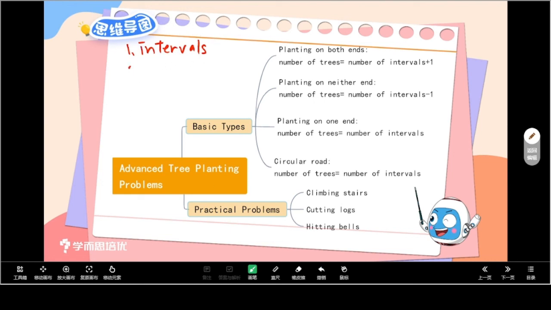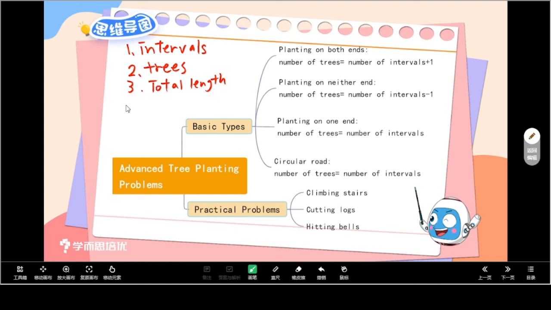And also, we learned how to calculate some deeper relationships between the trees and the intervals. And the third thing we learned is if we want to calculate the total length of something, of a road, we can use the number of intervals times the length of interval, right?